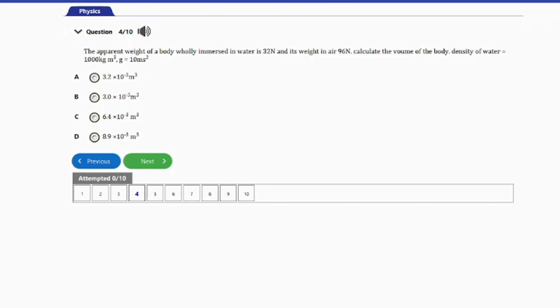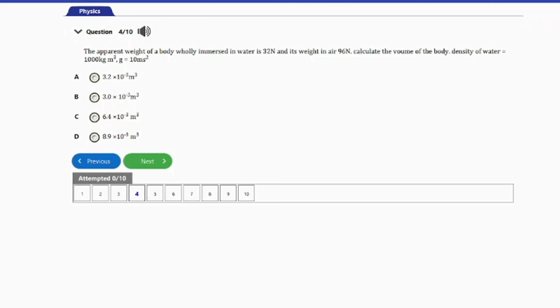So guys, question number 4 here says, the apparent weight of a body wholly immersed in water is 32 newtons and its weight in air is 96 newtons. Calculate the volume of the body. Density of water is 1000 kilogram per meter cube, and then g is 10 meter per second squared.